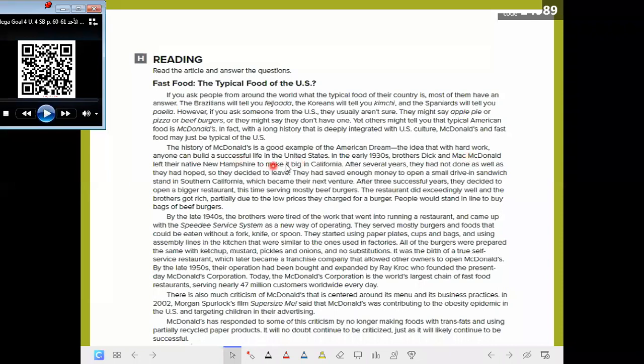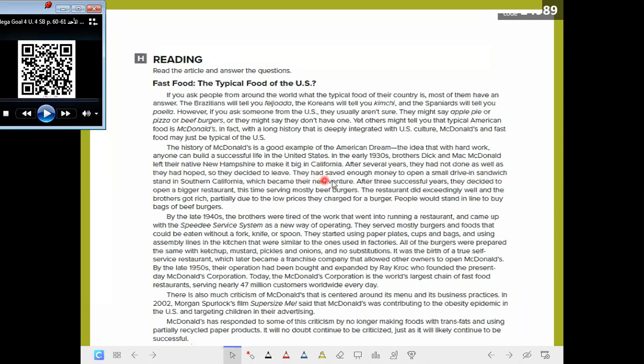In the early 1930s, brothers Dick and Mac McDonald left their home, New Hampshire, to make it big in California. After several years, they had not done as well as they had hoped, so they decided to leave.